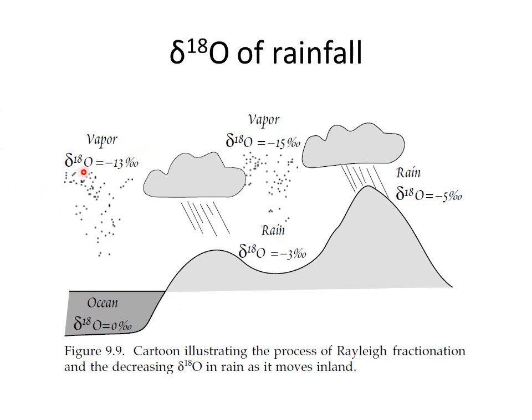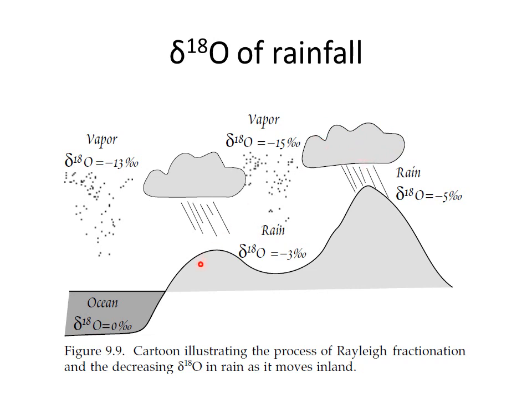Now, that water vapor forms clouds, and when those clouds rain out over land, they're removing the heavy isotope from the cloud, because the heavy isotopes preferentially go into the condensate. So that makes the cloud even lighter. The more rain rains out of your cloud, the lighter the isotopes in your cloud are.